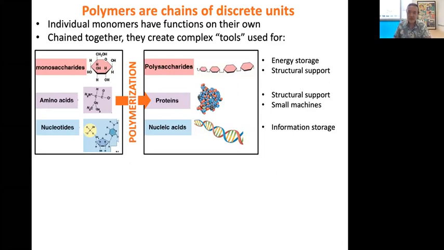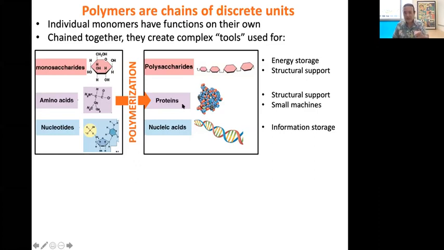And when you chain it together, for example, to make a polysaccharide, you're making a polymer. And that polymer then is a convenient way to store more energy. All the little bonds that link together the individual glucose molecules, each bond represents a nice opportunity to get some energy out. Also, long chains of glucose could provide structural support.